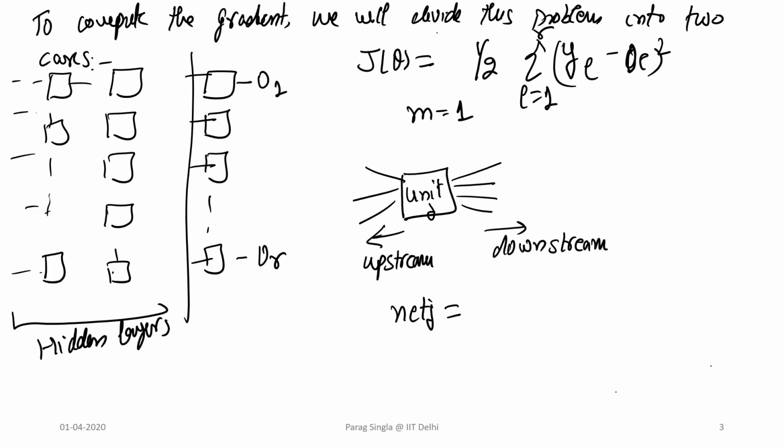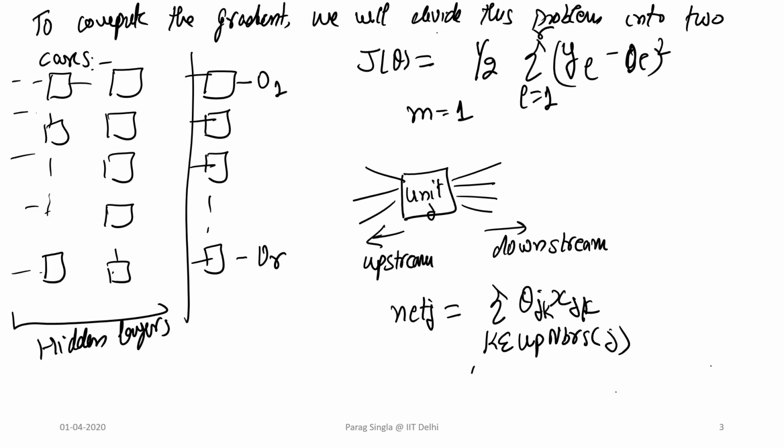In some sense, we would like to separate out the impact of the linear combination. In fact, I have to define something more: the sum of theta j k x j k, for k belonging to up neighbors of j.